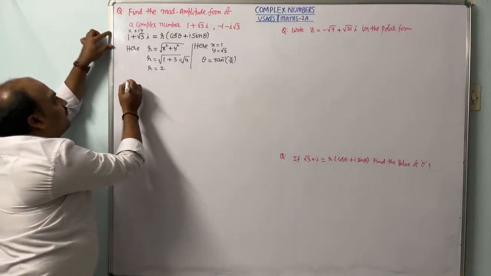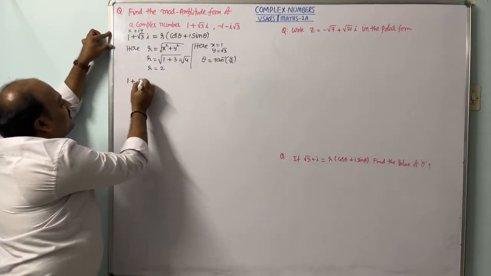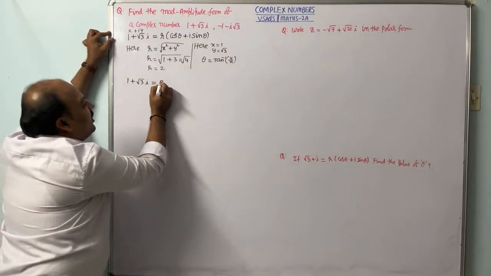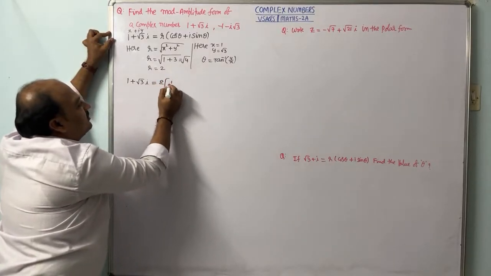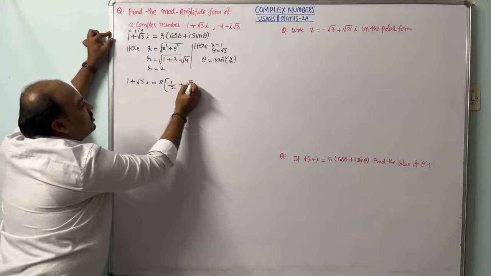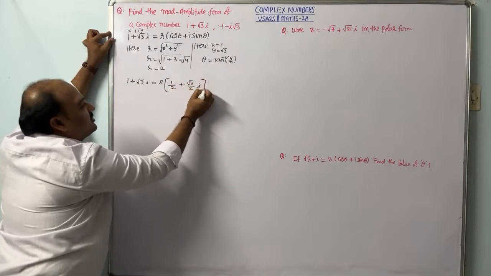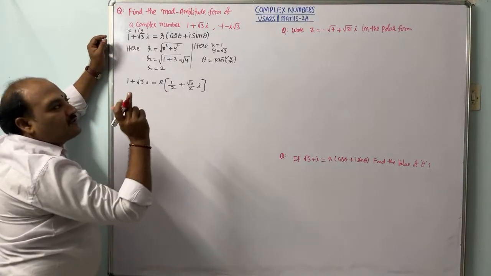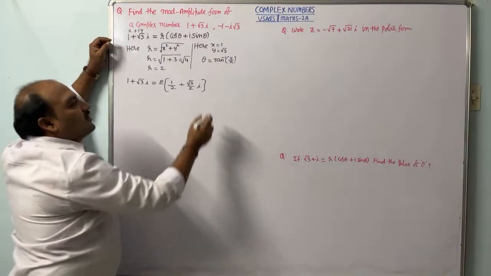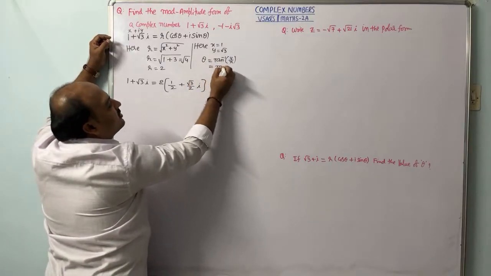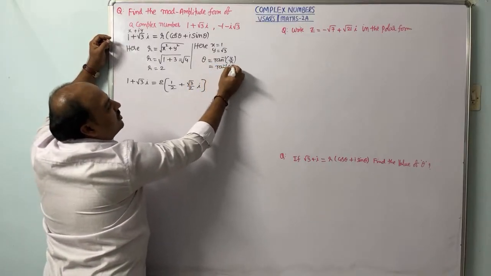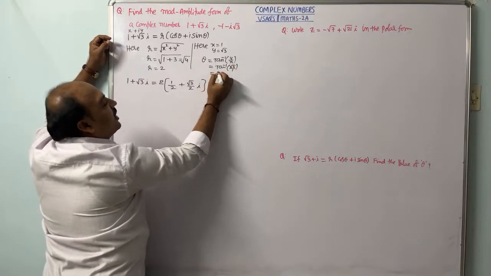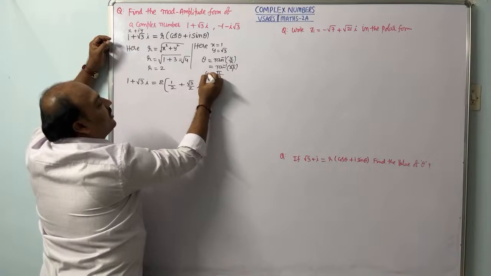So 1 plus root 3 i, multiplying and dividing by 2, is 2 into 1 by 2 plus root 3 by 2 i. Okay, dear students? Are you able to understand now? So 1 by 2 in terms of cos, for which angle does it come? Here only we will calculate. Tan inverse of root 3 by 1, means tan of root 3 comes at 60 degrees, pi by 3.